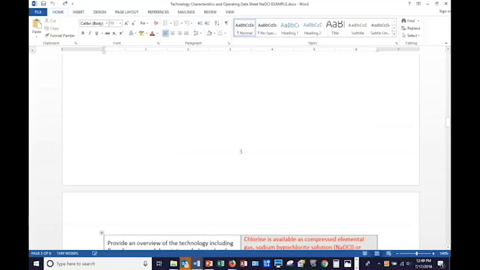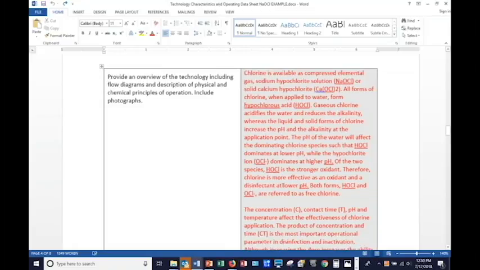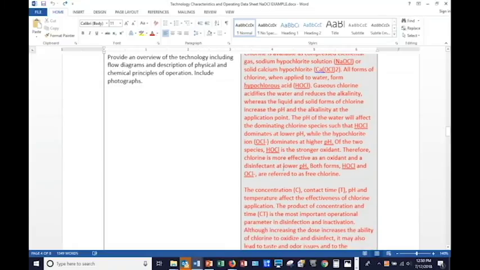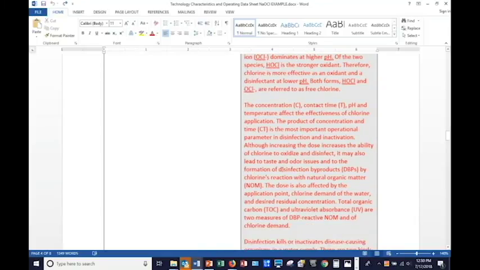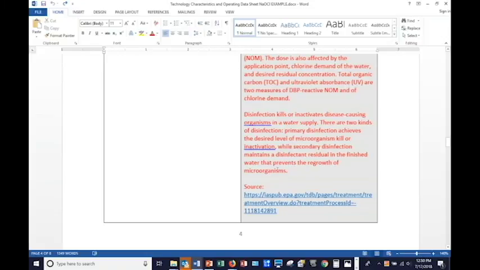And so this is a write-up of the treatment technology that I got out of various places, of what happens when you add chlorine to water, what are some of the things that are important, things like pH and what happens if you've got some total organic carbon in there, all the stuff that you need to get across to the stakeholders. And once again, at the bottom I put the source where that came from. So most of this came from an EPA website.